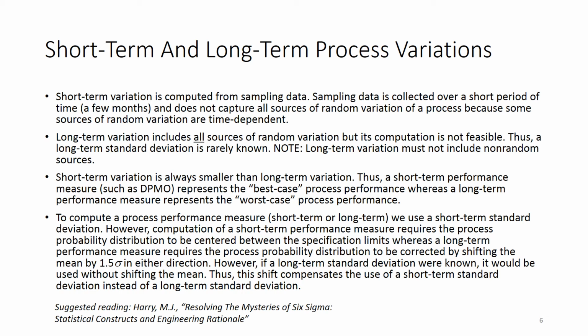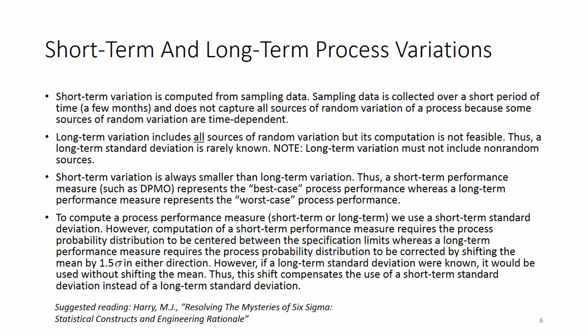To compute a process performance measure, short-term or long-term, we use a short-term standard deviation. However, computation of a short-term performance measure requires the process probability distribution to be centered between the specification limits, whereas a long-term performance measure requires the process probability distribution to be corrected by shifting the mean by 1.5 sigmas in either direction.